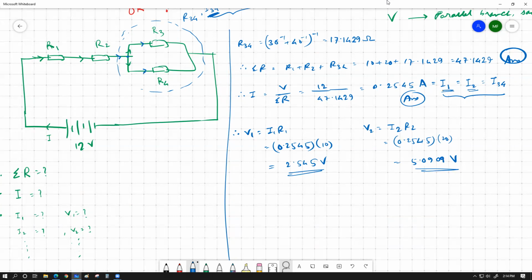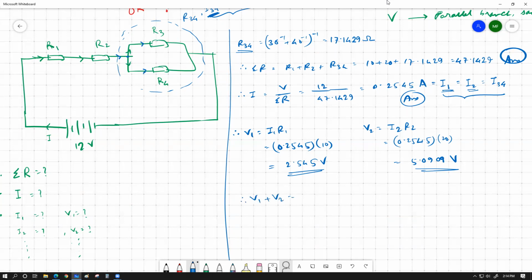One is R1, one is R2, and the third one is the parallel combination of R3 and R4, which we have named as R34 right over here. Together, all three of them, which means V1 plus V2 plus V34 combined voltage of this whole thing should be equal to 12 volt.